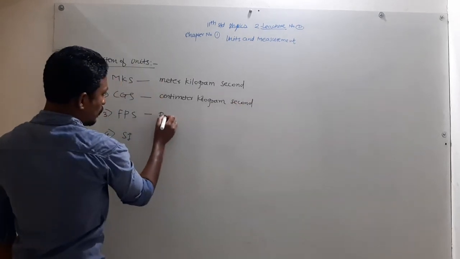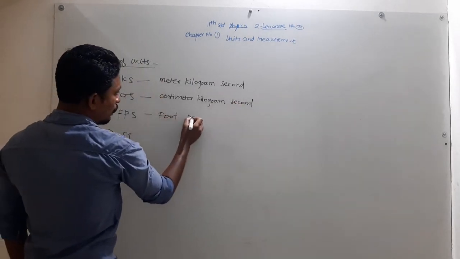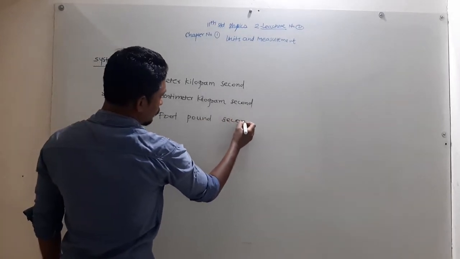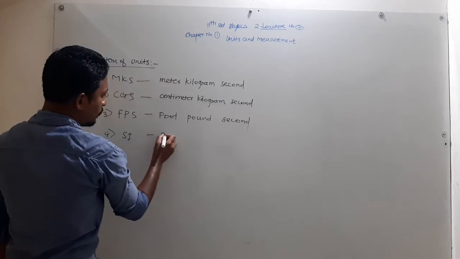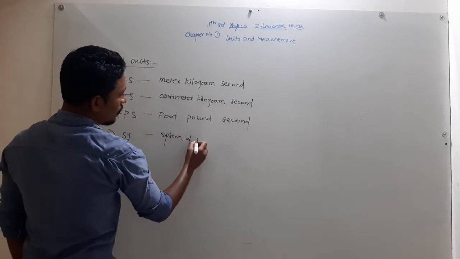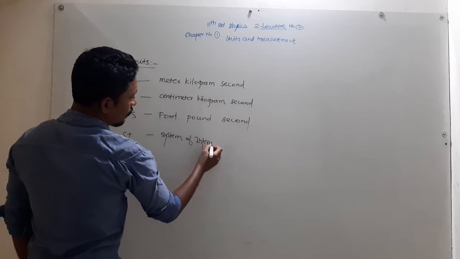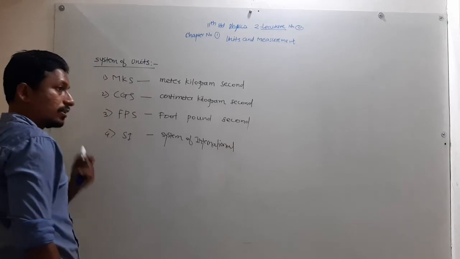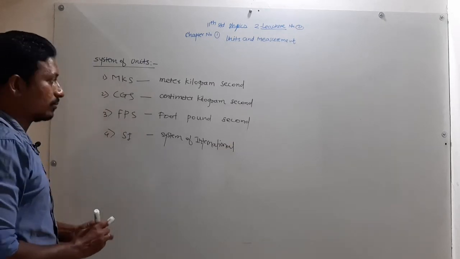FPS is foot, pound, second. And SI is the system of international, the International System.